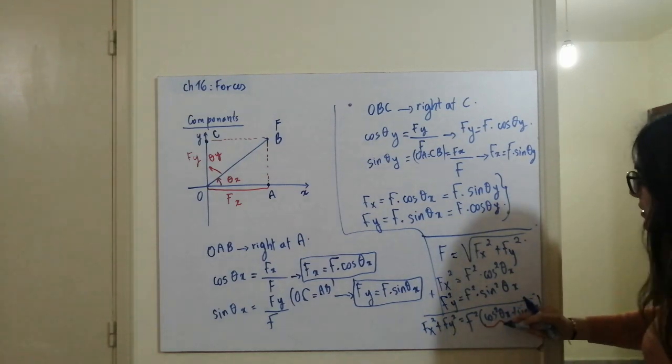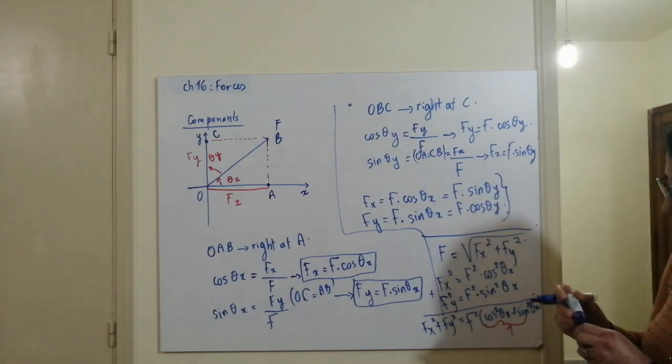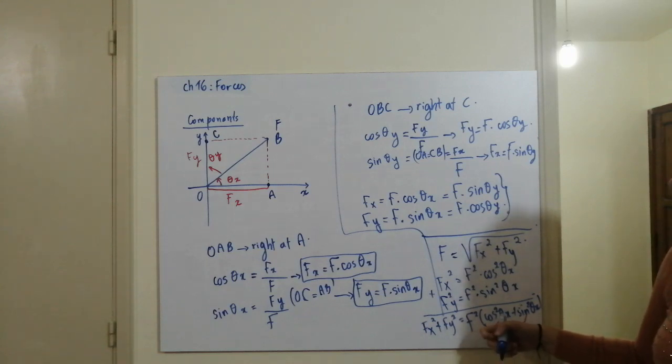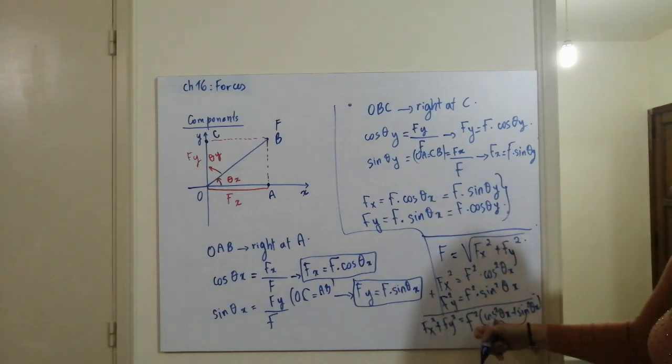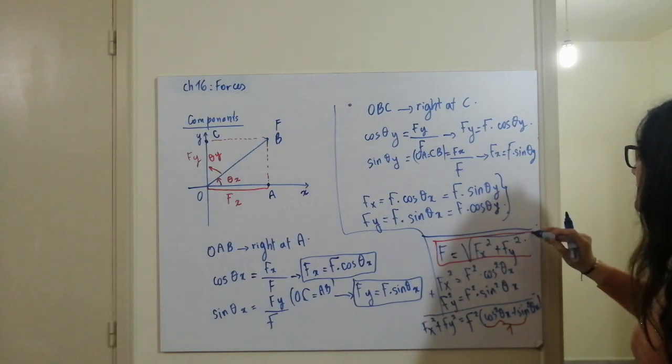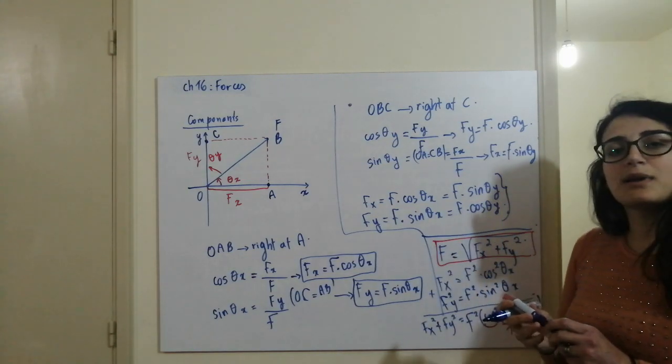And these two give you 1. So Fx squared plus Fy squared equals F squared, the main force, which means to calculate F, you can calculate the radical of Fx squared plus Fy squared.